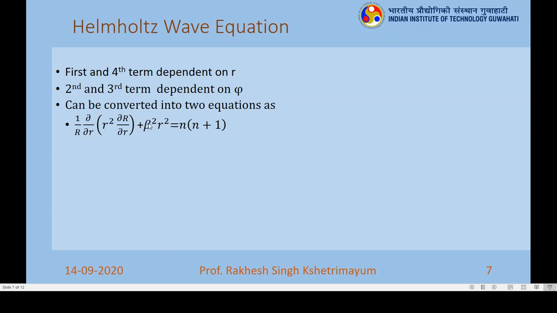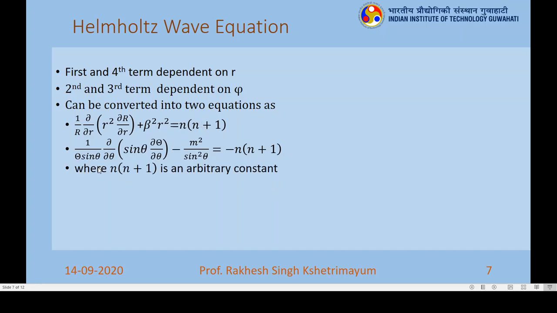For r, we assume that the terms which are dependent on r are equal to n into n plus 1. And the terms which are dependent on theta, two terms were there, I assume equal to minus n into n plus 1. When I sum them, the total will be equal to 0. So n into n plus 1 is an arbitrary constant, and I can still do that.